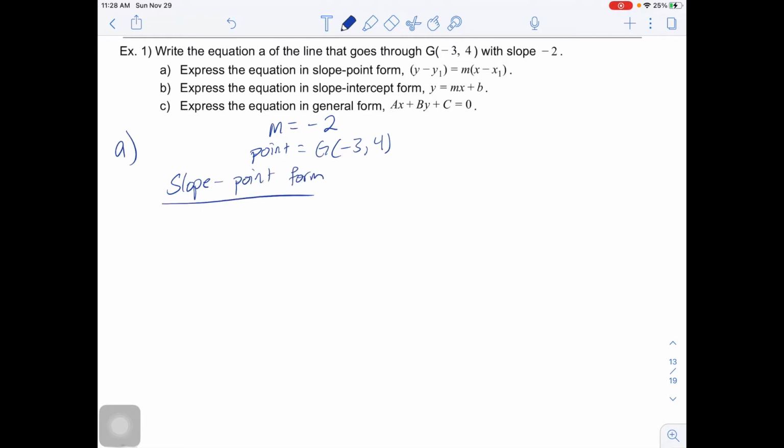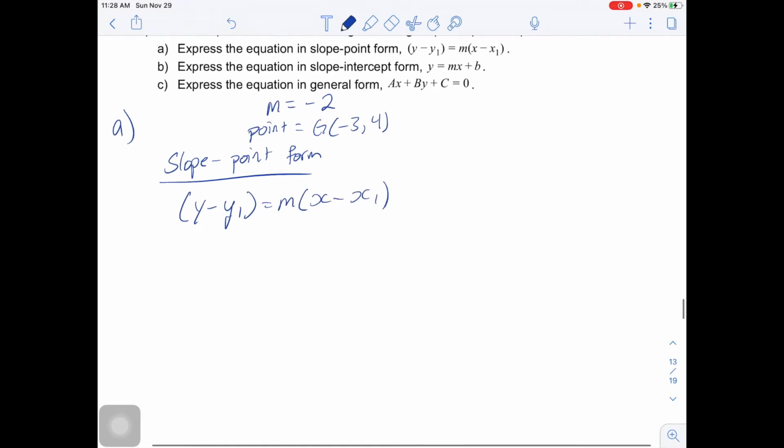Okay, so I'm going to determine my slope-point form first. And it's as simple as plugging these values into the correct places. So here, this is going to be my x1 and my y1. That goes into my slope-point equation. So x1 is found here, y1 is found here, and then I have my slope m, which is -2.